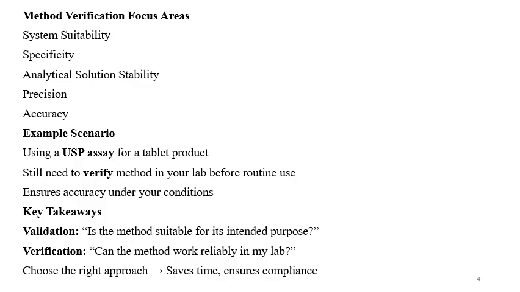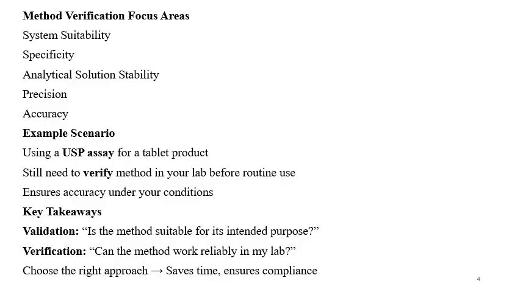Method verification focus areas or parameters are system suitability, specificity, analytical solution stability, precision and accuracy. An example of method verification is using a USP assay for a tablet product. Still, you need to verify the method in your lab before routine use. It ensures accuracy under your conditions.